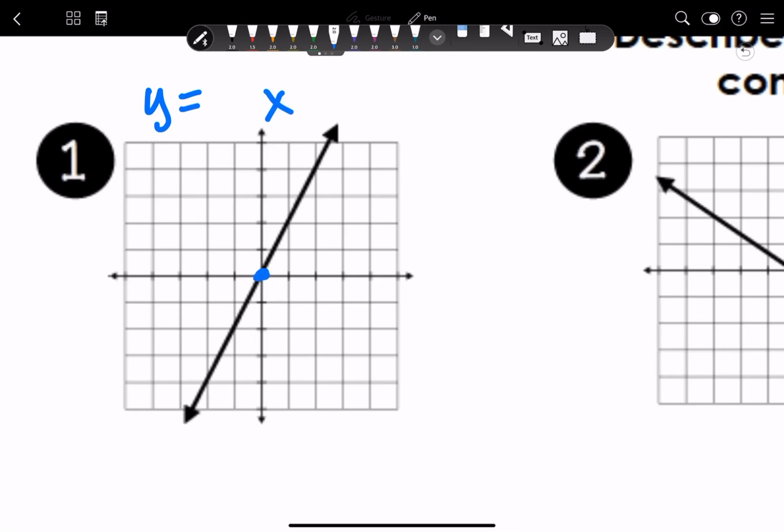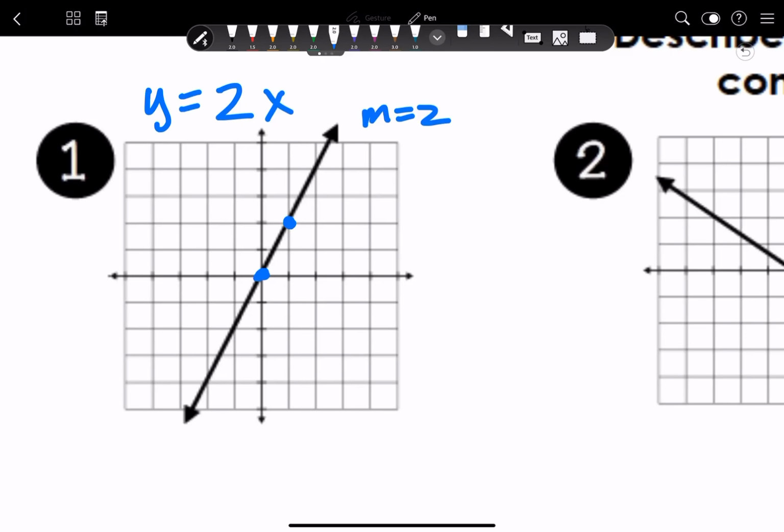Your y-intercept for this is 0, so it's a direct variation. We don't have to worry about it in terms of the y-intercept. And then your slope for this is going up 2 to the right 1, so it's just a 2. So you've got a slope of 2.